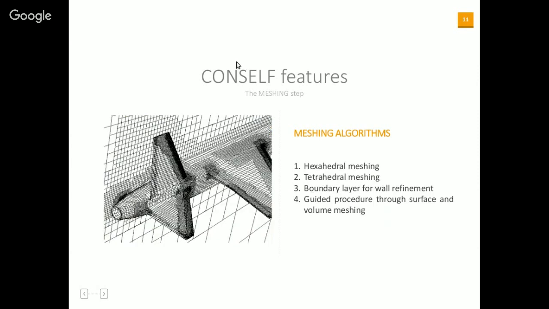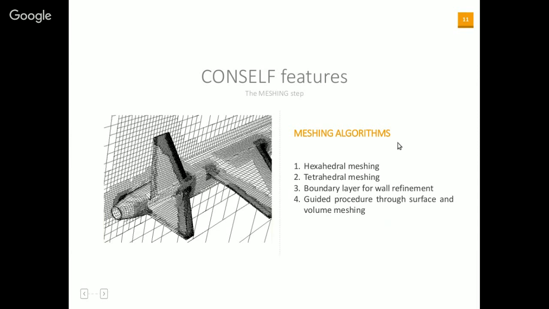Now, about the meshing, you have to choose between hexahedral and tetrahedral meshing algorithms, with also a boundary layer refinement that can be available. And another important thing is that our procedure is guided, so you can first perform the surface mesh and then the volume one. It allows you to deal with meshing in a very straightforward way, as we will see very soon.